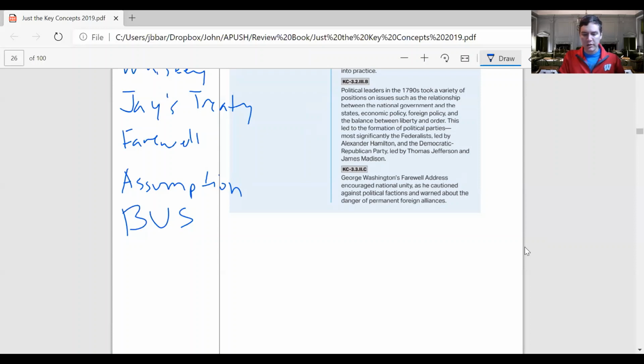He went to Europe to try to get French alliances during the war, and when he comes back, people kind of see him as, oh, you are one of those leaders, and so they elect him to be president. But he's not a political party guy. He's not a guy who says, the Federalist Party is really important, and what does the Federalist Party want? He really wants what's best for Americans.